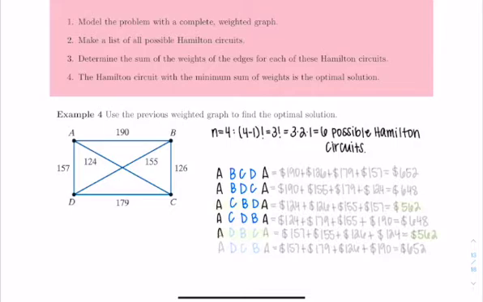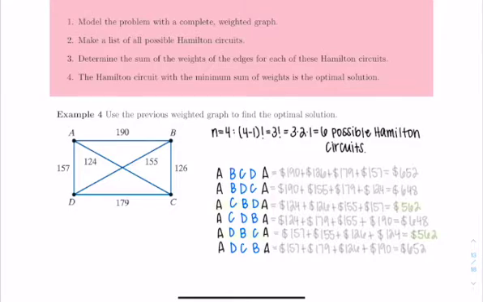But what if I don't want to put C first and I want to put D first? So if I put D first, I have B and C left to choose. Or I can do C and then B. Those are the 6 possible Hamilton circuits.